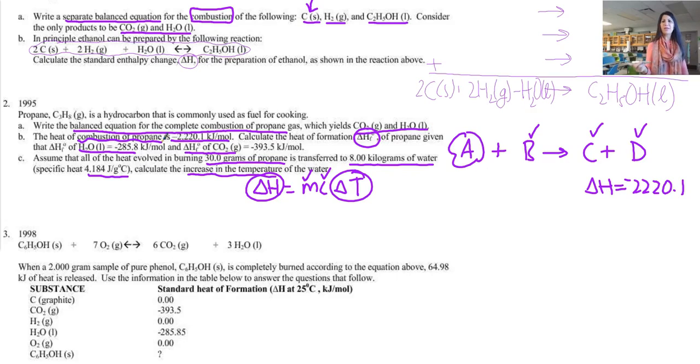That's wrong because we're not burning a mole of it. We're burning 30 grams of it. So think about that for a second. It's, again, like the first page of our notes on the bottom where we were saying, okay, could I figure out the energy if I know the number of grams? Could I figure out the amount of energy that a certain amount of grams will give me for a particular substance? And so that's what you're going to use for that, okay? So that's kind of a big tip on that one.